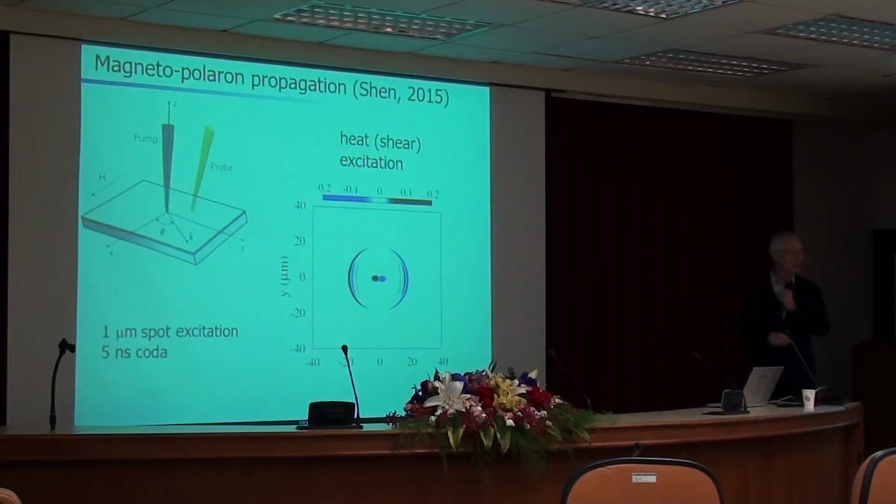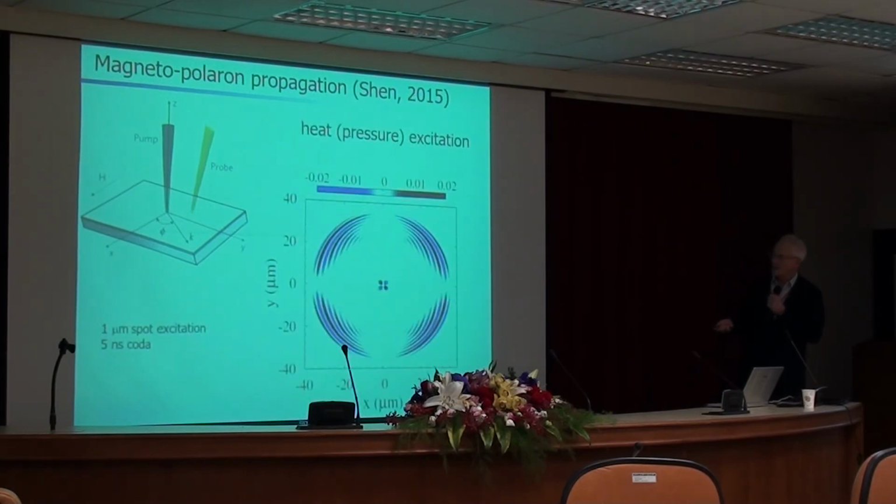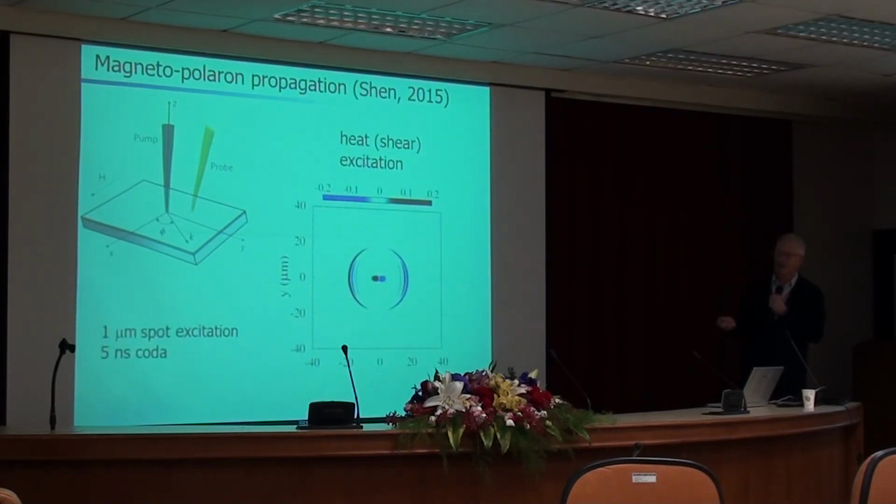And this is how it looks if we have shear waves excited. We see that the radius is different in these two cases. The reason is that shear waves excite the transverse polarons, which have simply a much slower sound velocity.